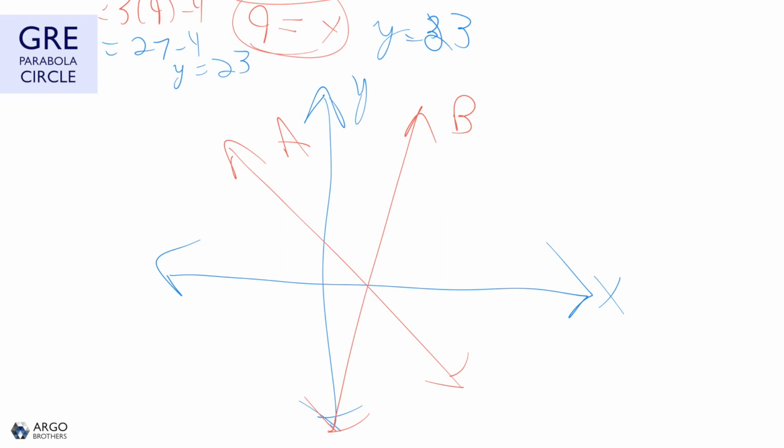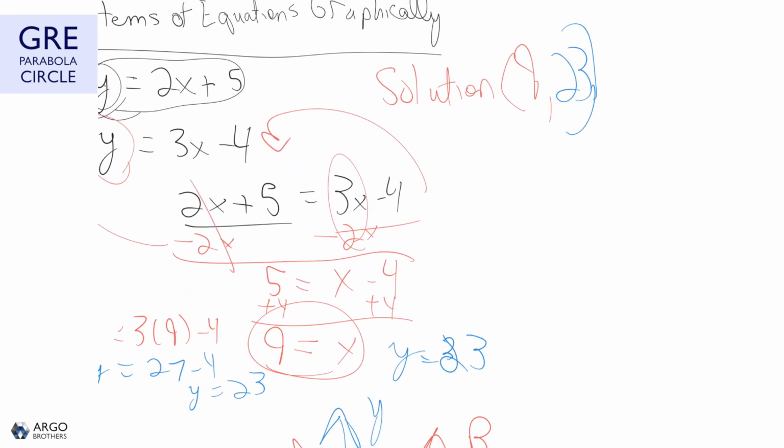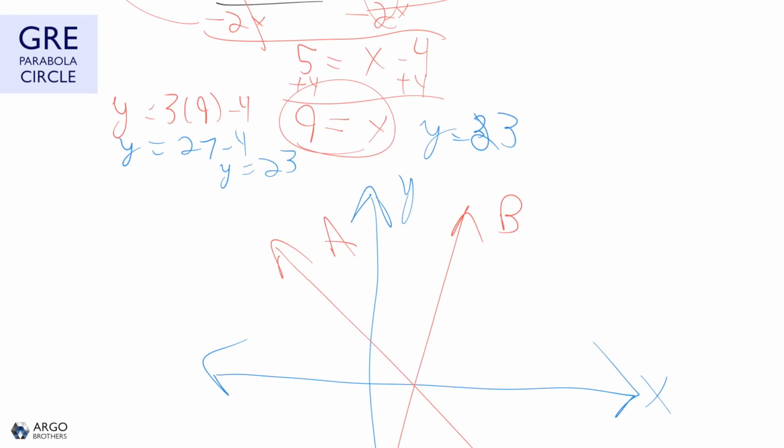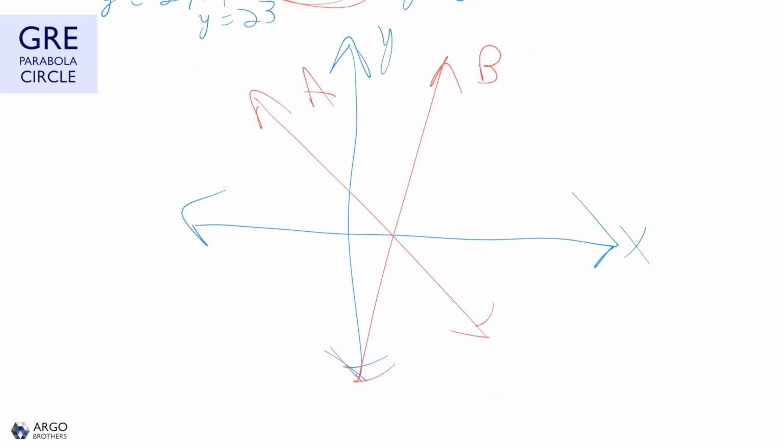Why? Because every single point on the B line satisfies the B equation, and every single point on the A line satisfies the A equation. So if you find where they intersect, that point satisfies both equations. And isn't that what we had before? The point 9 comma 23 satisfies both of these equations.